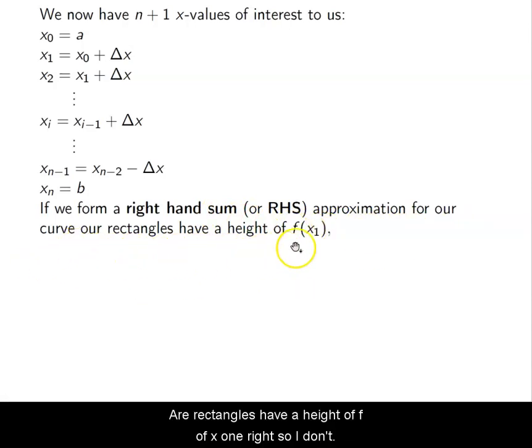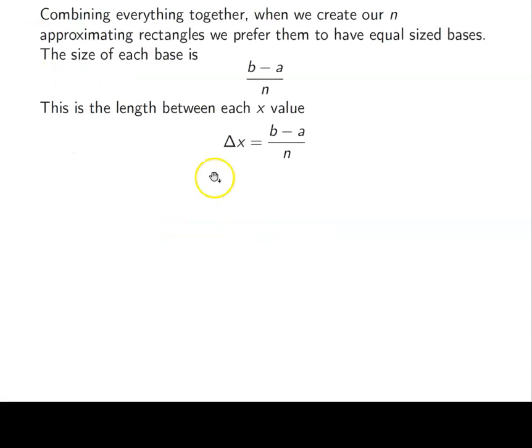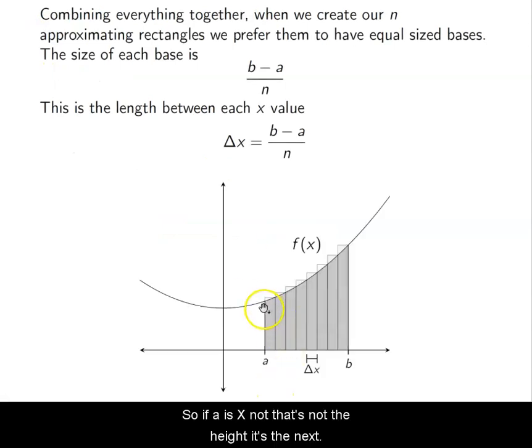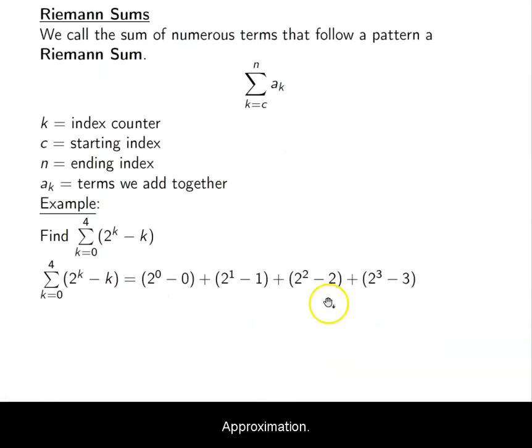Our rectangles have a height of f of x1, so I don't use x naught for my height. If a is x naught, that's not the height. It's the next one. The next one is the height of my rectangle. So I don't use the first point, but all the points after that. That's how I get a right-hand approximation.